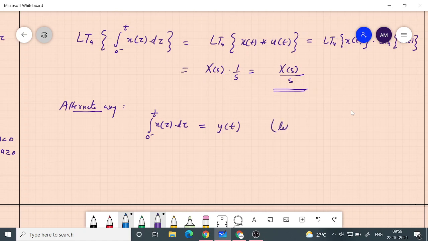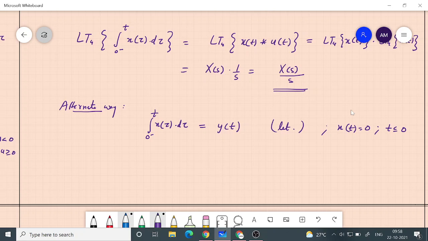Let us say this is equal to this, and we also insisted that x of t is equal to 0 for t less than 0. So the signal is causal, and whatever we integrate and get, we call it a different function y of t.